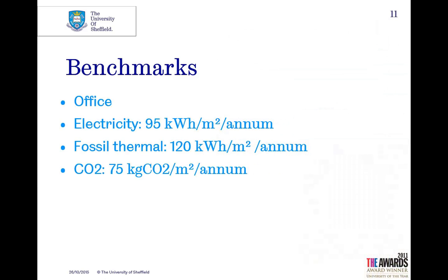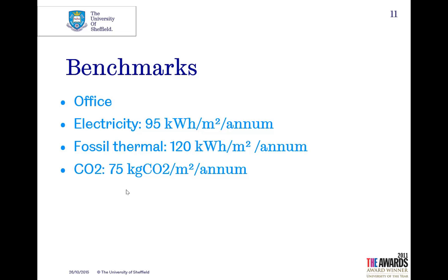I have just extracted a few examples from TM46. So just a few examples here. An office environment, you would typically aim for 95 kilowatt hour per square metre per annum for electricity usage. For fossil thermal, in other words, your heating and hot water system, which normally is powered by gas in the UK, you're aiming for 120 kilowatt hour per square metre per annum.